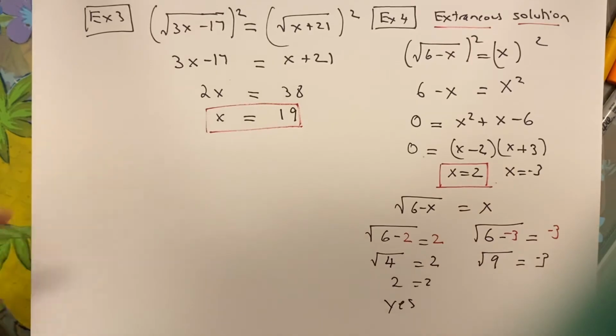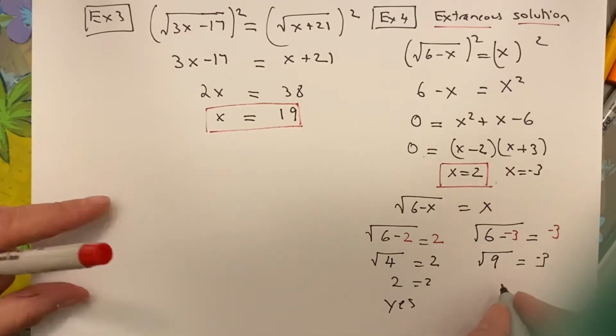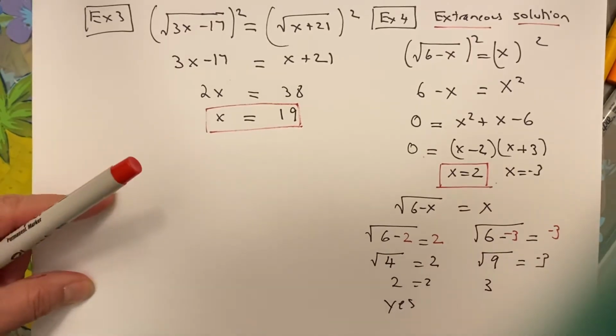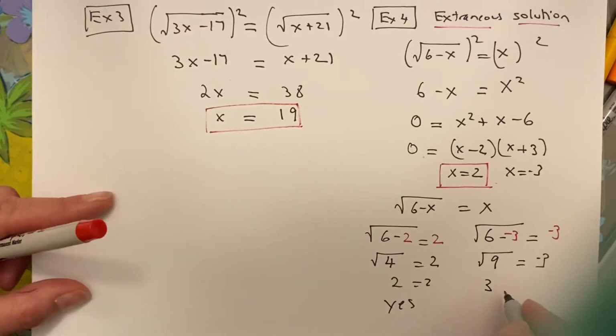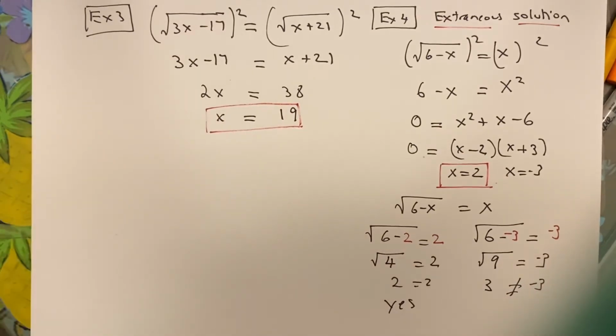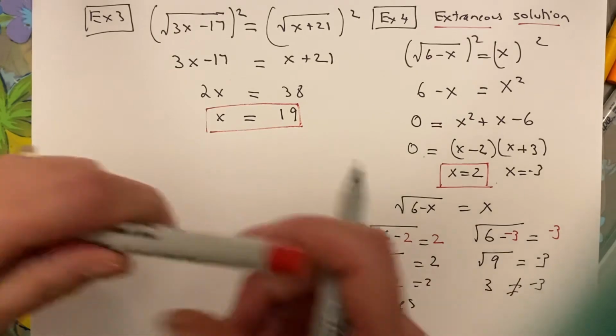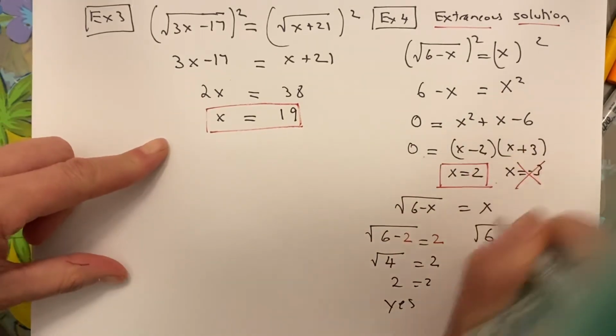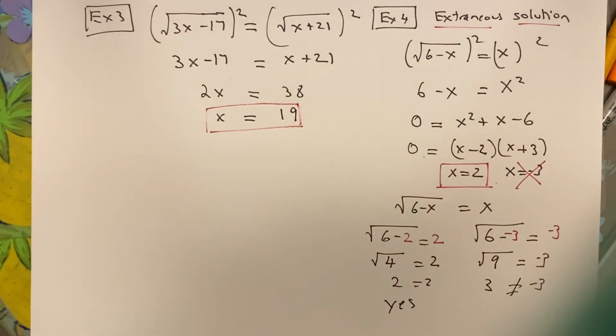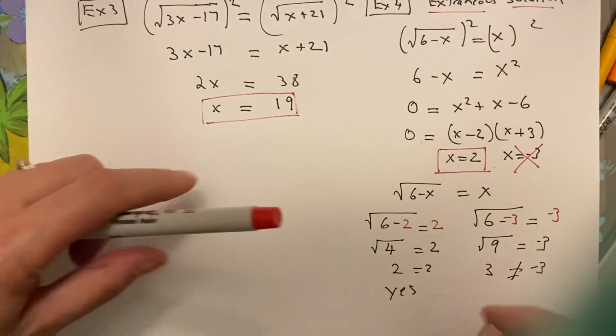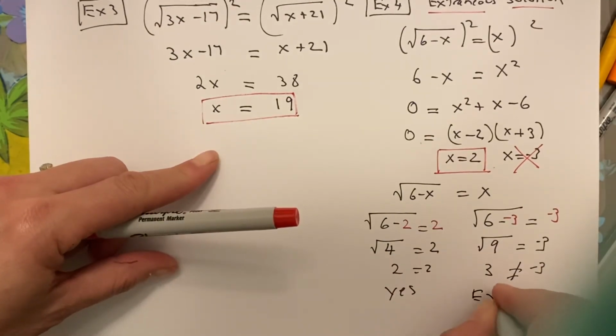The square root of 9 is 3, and 3 is not equal to -3. Remember, we're only doing the positive square roots. So this is not a solution. -3 is an extraneous solution.